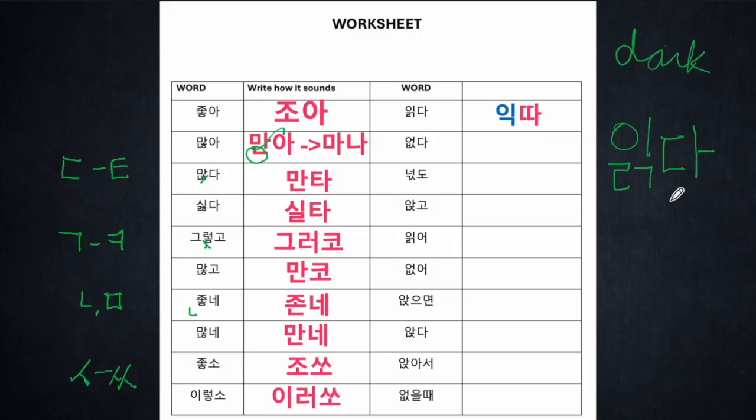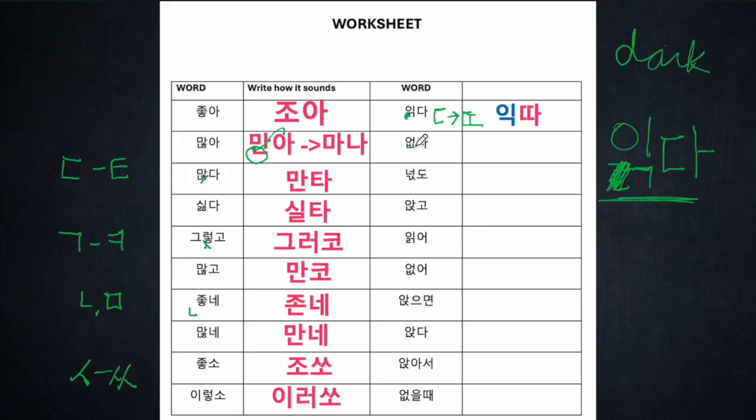But when I looked it up, some of the teachers read it like this, but some other teachers actually just drop this, or it's very minimum. It's slightly there, so it's almost like 읽다. So not only do you drop this, but then d is tensed. 읽다. Okay, this one 없다.